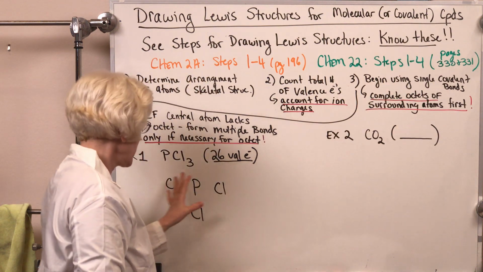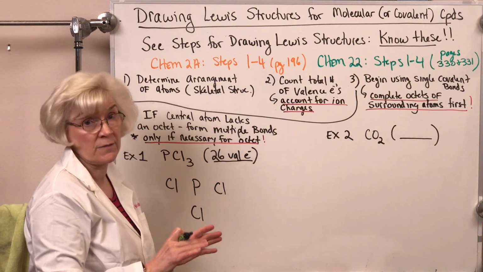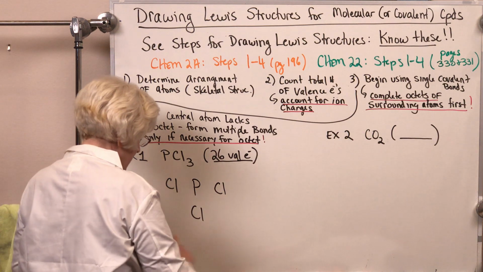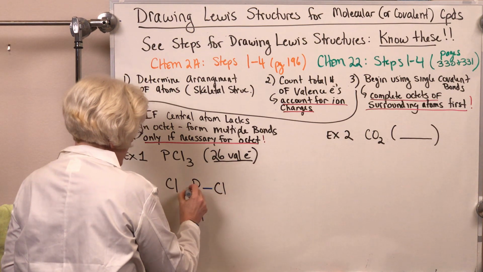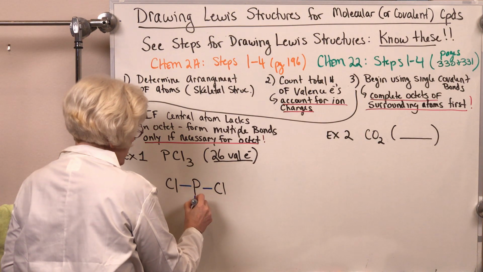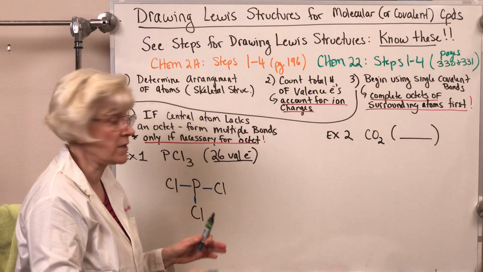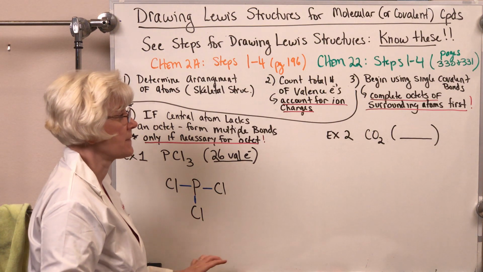We're going to begin the bonding using single covalent bonds only to begin with. So I am connecting the phosphorus to each of the chlorine atoms using a single covalent bond. Always begin using single covalent bonds.